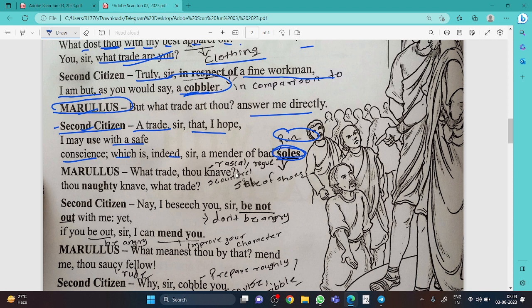Now these Marulus, Flavius, these were the bad souls. Actually, he wanted to convey both things, that I am a mender of bad soles of shoes, and I am a mender of bad souls like you guys. I can mend you, I can keep you on the right track. This is called a pun. Very beautiful it is, beta.